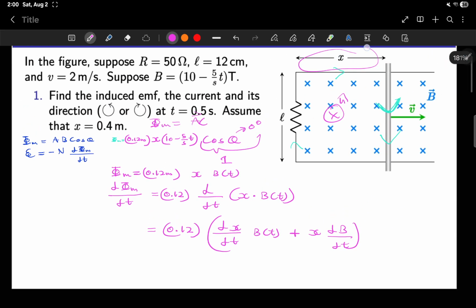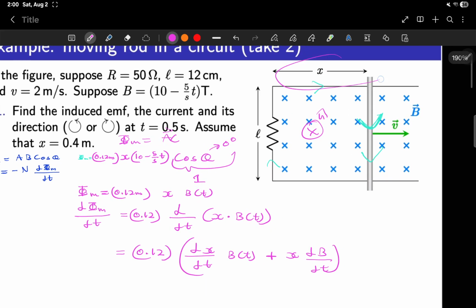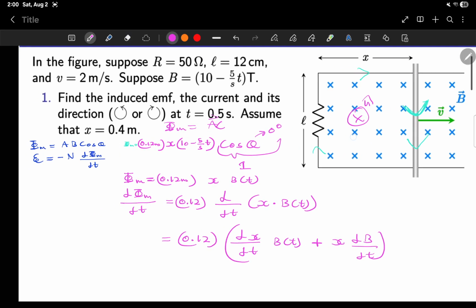Now x is the width. When I take its derivative, I could also think of x as the displacement, or the position. When I take the derivative of the position over the derivative of time, that represents the velocity, which we've been given here.